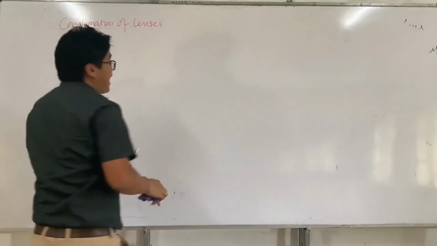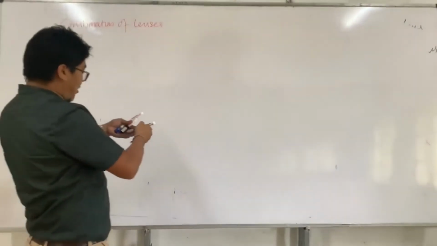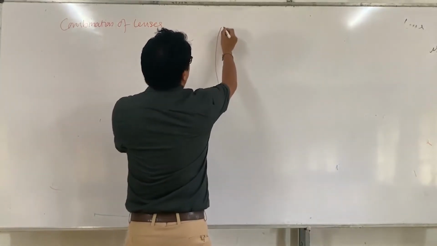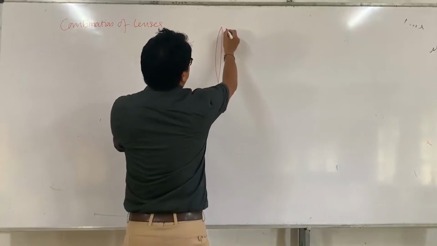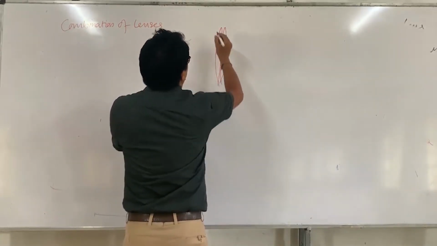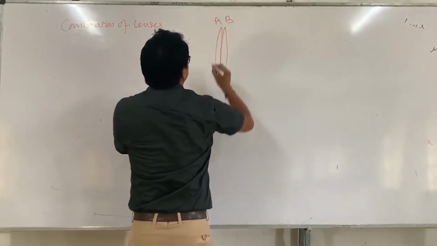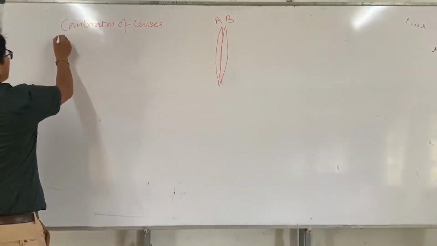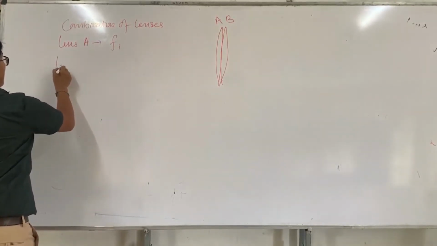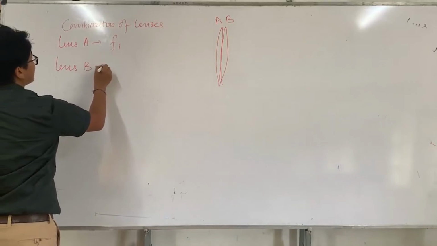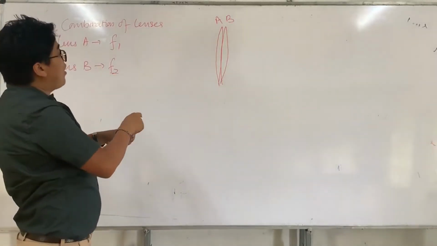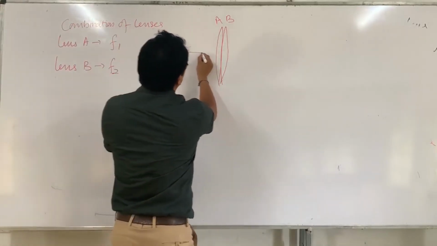Combination of lenses when lenses are in contact. So I'll consider two lenses, a concave lens and a convex lens. Lens A, lens B. Lens A having a focal length f1, lens B having focal length f2.